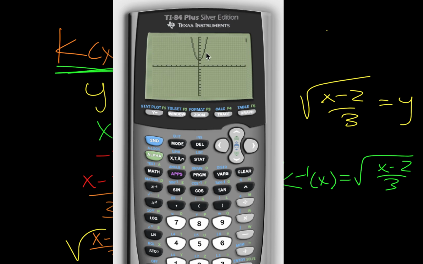So we see our original parabola, and we see this, which is just the positive half.